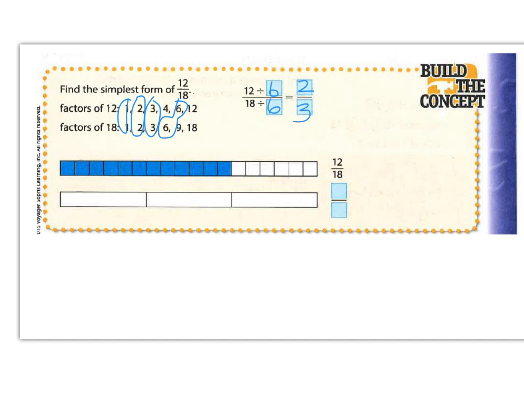So then I can see that 2/3. So now if I shade it in here, 2/3 right here, those two pieces. And then we can see that they line up. They are equivalent. So 12/18 is the same as 2/3.